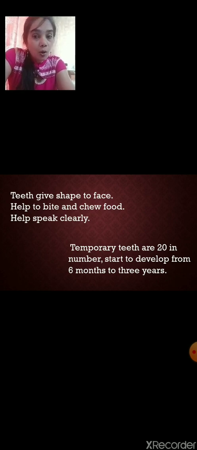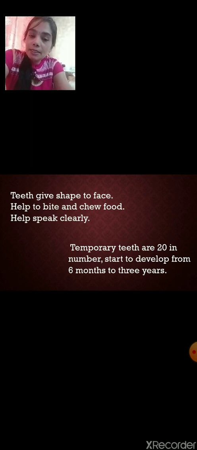So it is called milk teeth or temporary teeth. I hope you remember when you got your first tooth. When you were 6 or 7 months old. So by the time you become 3 years, 20 teeth will have grown. That is called milk teeth or temporary teeth.